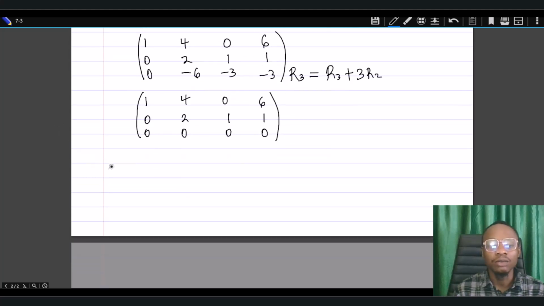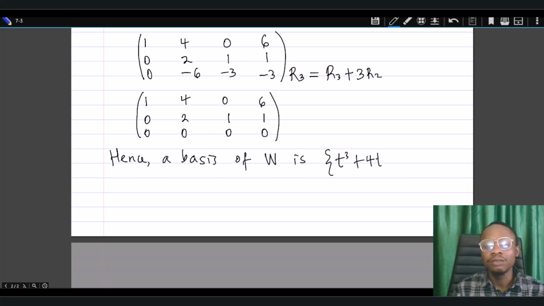So we conclude that the basis of W is, so we just interpret them directly. We know the first term is the coefficient of t cubed, so that is 1 t cubed. Second is the coefficient of t squared, so this is plus 4 t squared. The third is the coefficient of t, that is 0, so we can ignore that. Then plus 6, which is the constant.